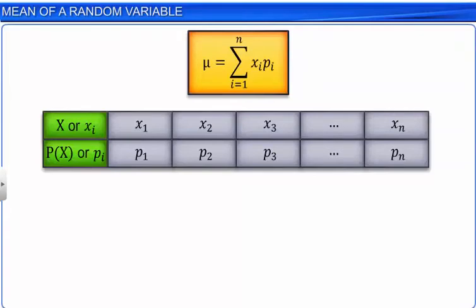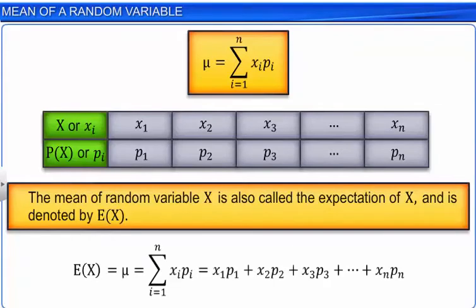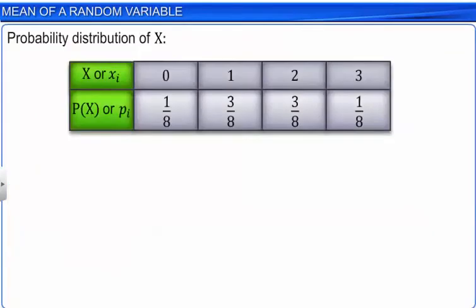The mean of random variable x is also called the expectation of x and is denoted by E of x. Therefore, the expectation of x or mean of x can be expressed as shown. Let's find the mean of x for the probability distribution that we arrived upon earlier.